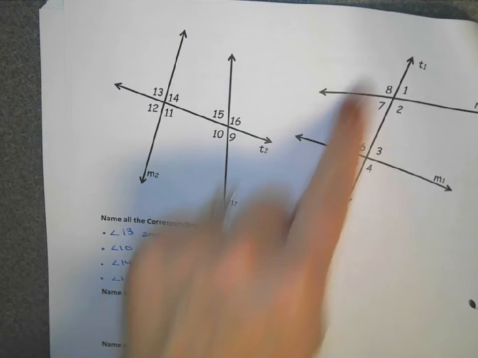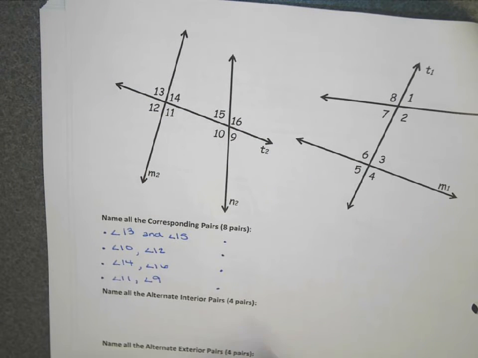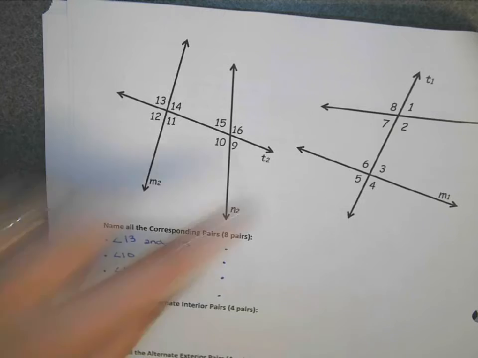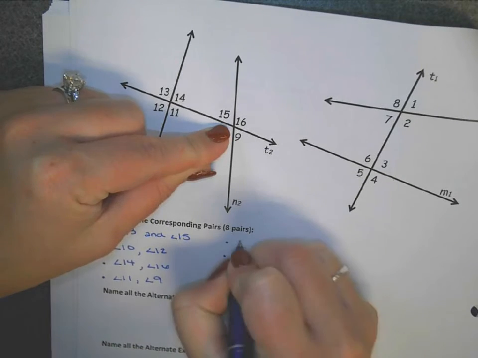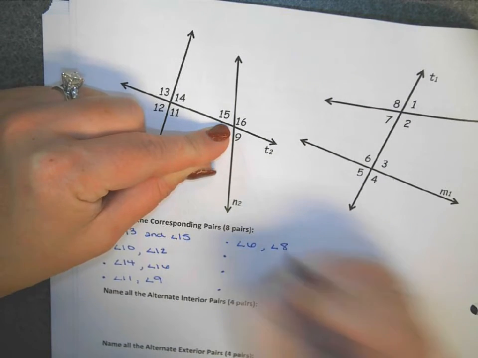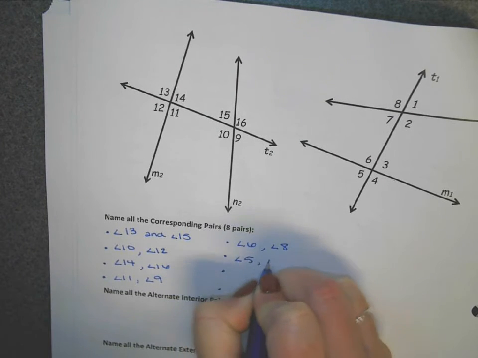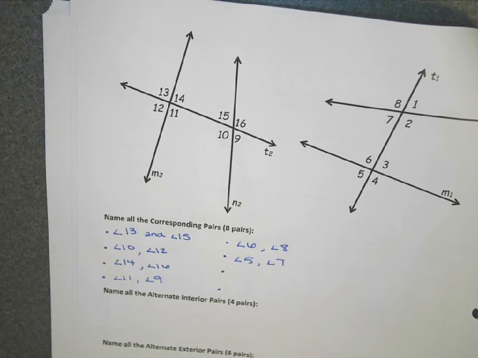Now we have to go over to this one, and there's going to be 4 more. So what's one that's over here? Go ahead. 6 and 8. 6 and 8 will work. Angle 6 and angle 8 is a pair. What else? Go ahead. Angle 5 and 7. 5 and 7 will work. Okay.